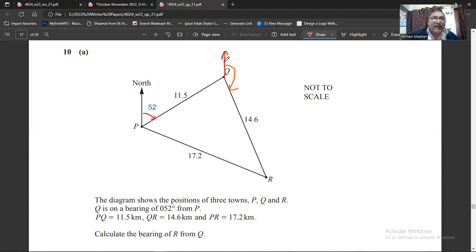So first of all, I will calculate how much this angle is. Let me call it alpha. Then I can calculate this angle, let it be PQR.